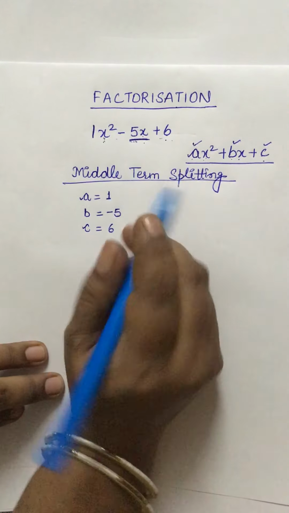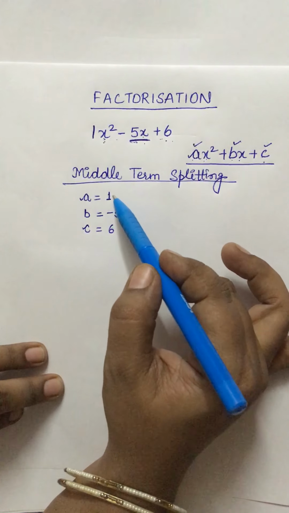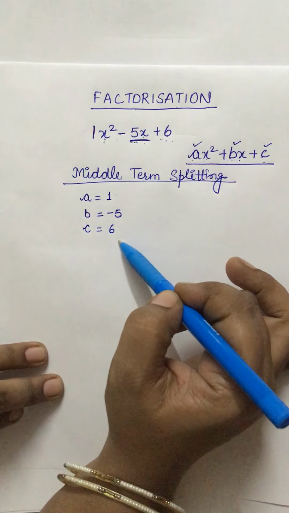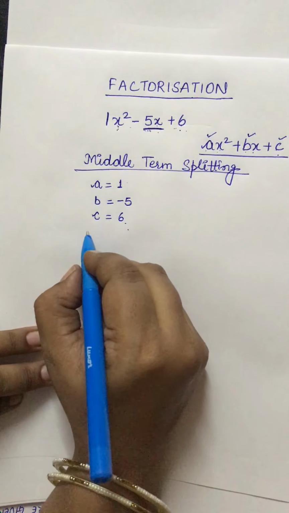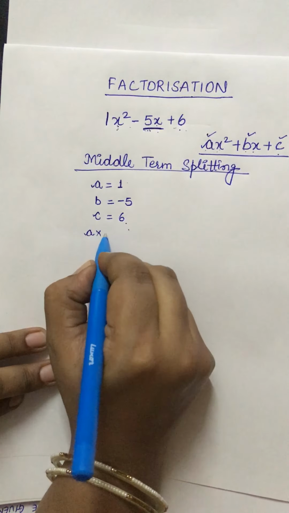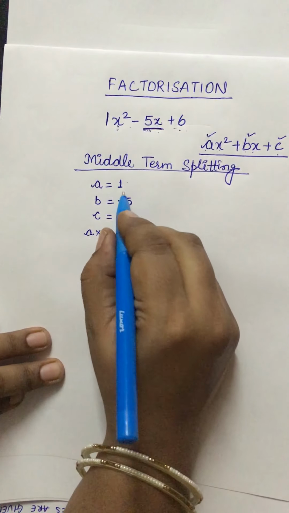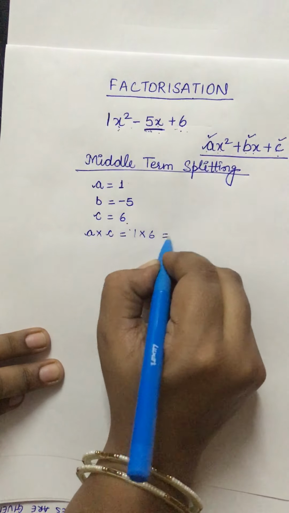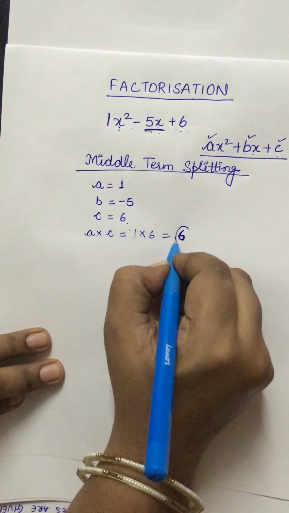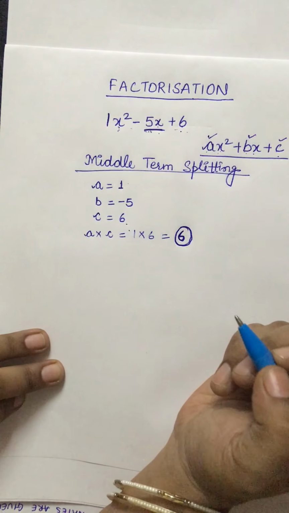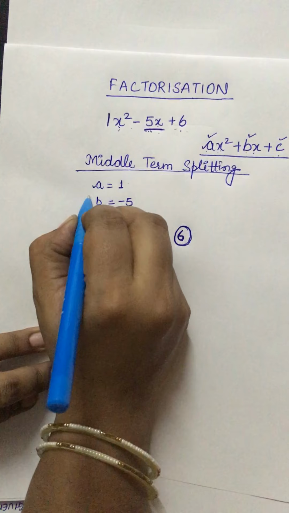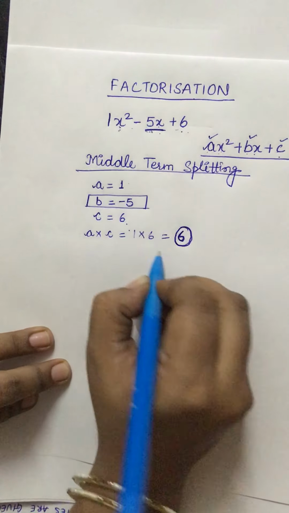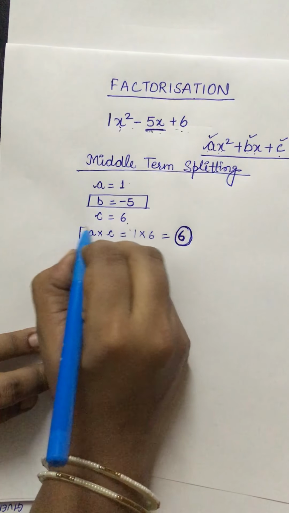Now half of the job is done when we have found out the value of a, b and c, right? Now what we need to do is find out the product of a and c. A multiplied by c. It will be 1 into 6 equal to 6, right? This is the value of a into c. Now we will be using two things here, b and a into c.